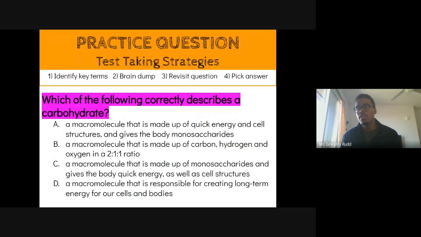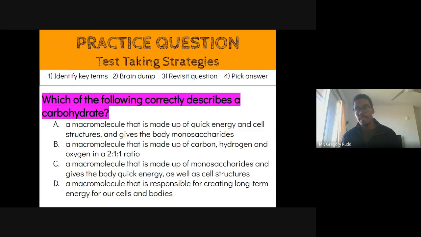So the first thing you need to do when you're looking at a multiple choice question is identify key terms in the question. Identify terms that you know already and start to brainstorm around those terms. If you see a term that you know, you're like, okay, I should be thinking about this. I can make a connection to this.